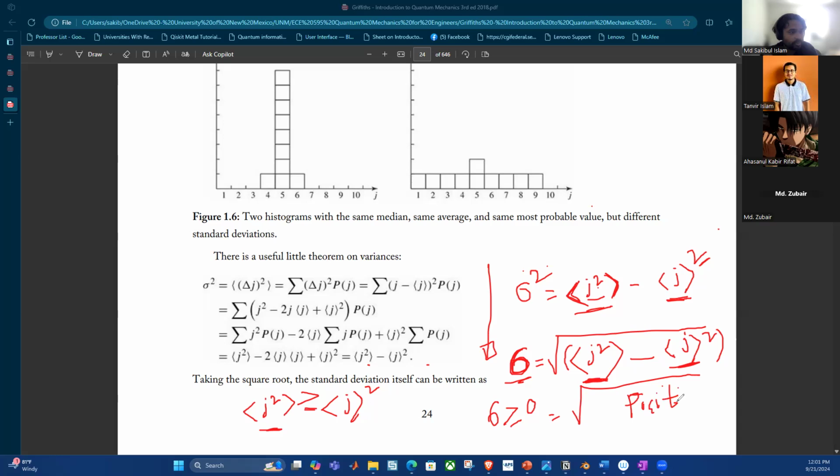You will end up with an imaginary term, because you cannot take the square root of a negative, you will end up with a complex term, that is the i.